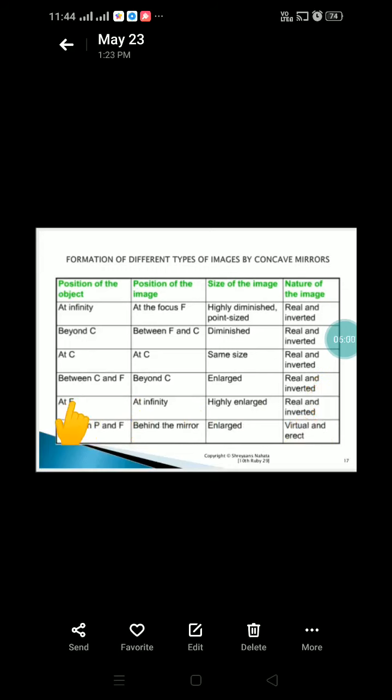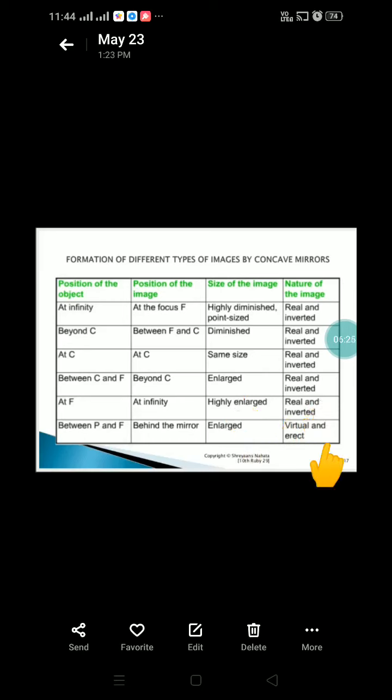Then fourth case, between C and F, if you place the object between C and F, the image is formed beyond C. The property of the image is it is enlarged, and the nature is real and inverted.